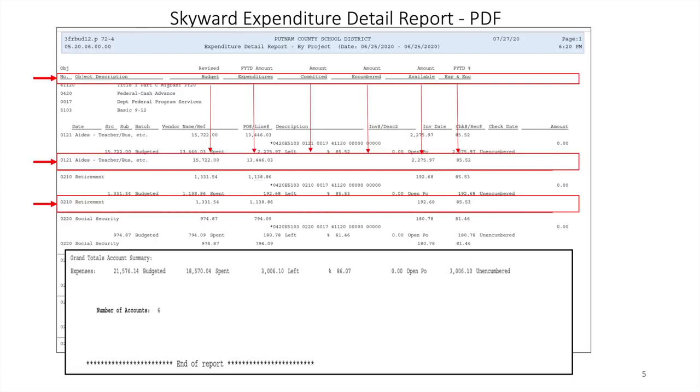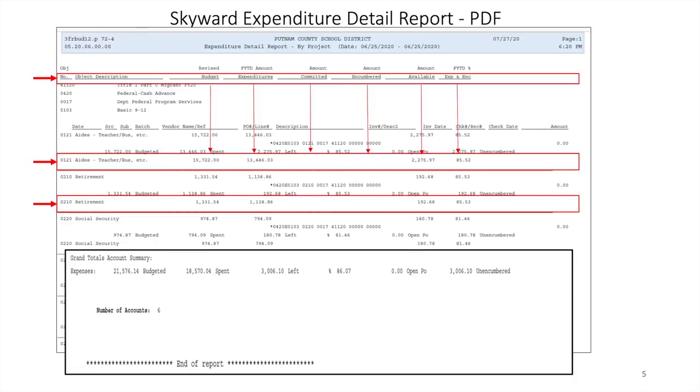The third arrow just shows another object in this grant, and this is object 210 retirement, beginning balance $1,331.54, and then reading across to the right, fiscal year amount spent $1,138.86, and the remaining amount available is $192.68.